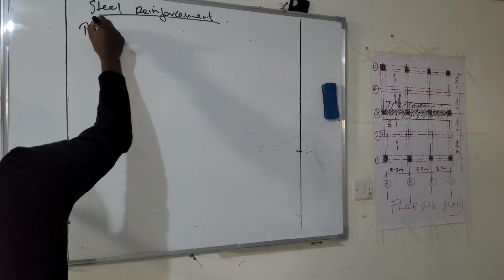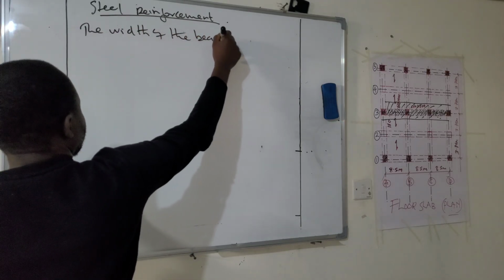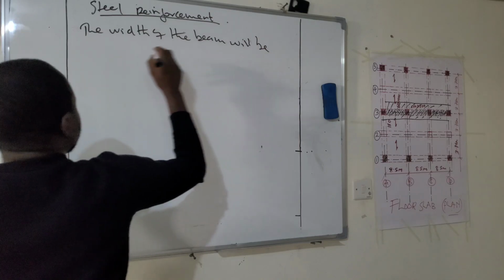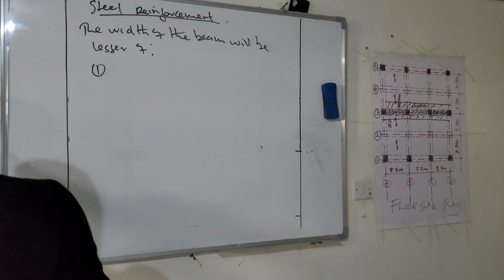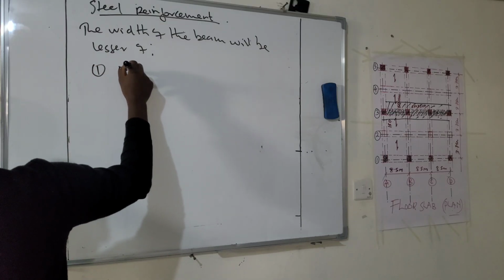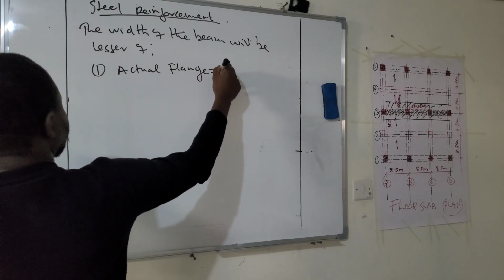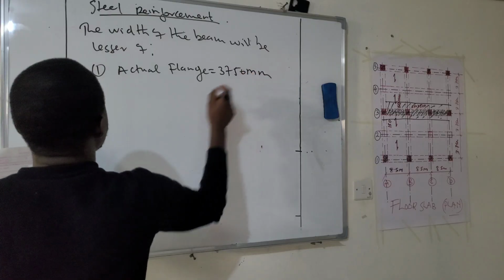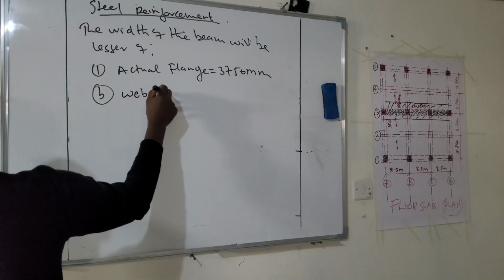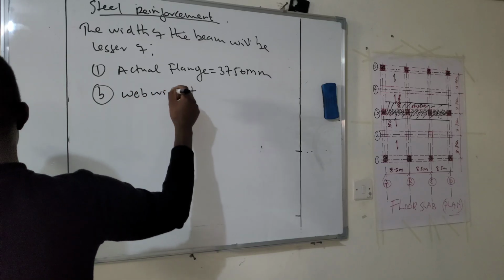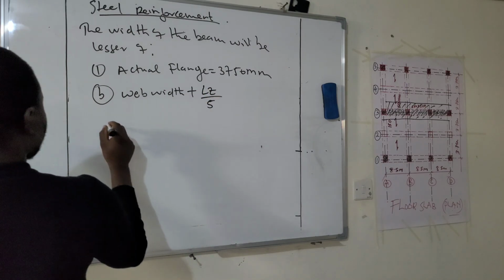Number one, the actual flange width, which is equal to 3750 millimeter, and number two, web width plus Lz over 5.